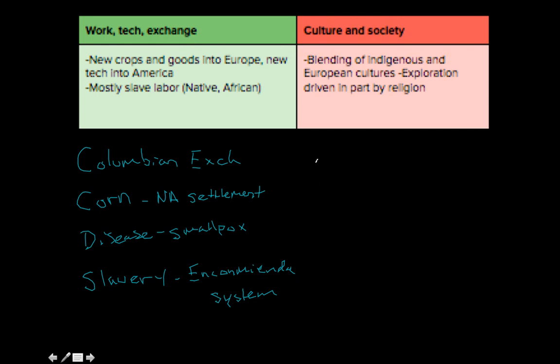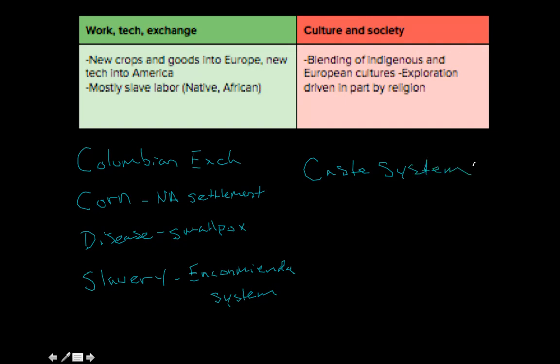Let's jump on over to culture and society. One thing that we see and is worth noting is the blending of European, specifically Spanish culture, and indigenous or native culture. We see an example of that or evidence for that in the Spanish caste system that we see show up in this time period.